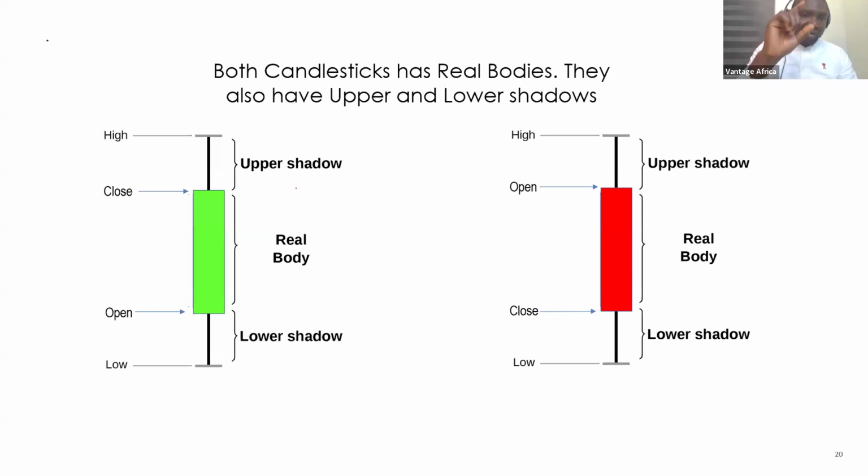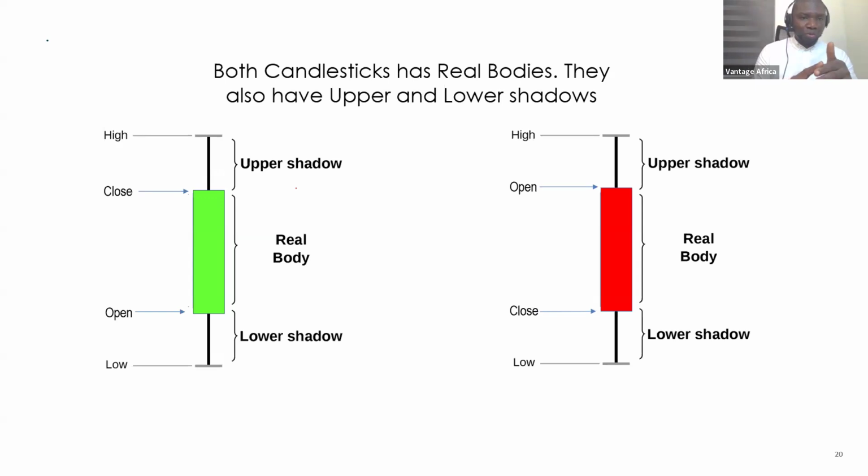You see there's an upper shadow and a lower shadow, and then there is the green part. That green part is what we call the real body. And notice what we said earlier: a candlestick is represented in a certain way, and it usually has open, high, low, and close.